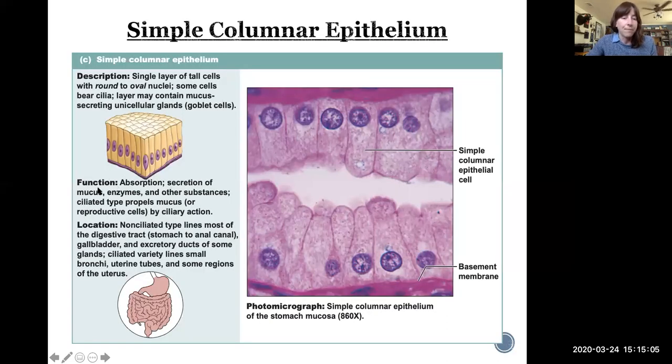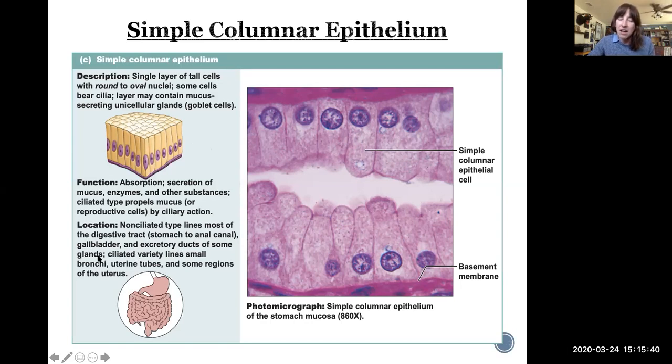So the function of simple columnar epithelium is absorption. So we're going to be looking for this type of tissue in places where we are absorbing nutrients in particular, right? So this is going to be lining the digestive tract, all the way from your stomach to your anal canal. It also can be in other organs, non-hollow organs, like your gallbladder.